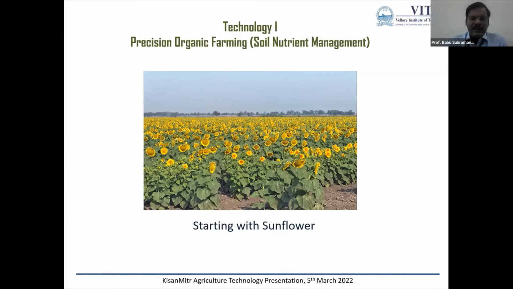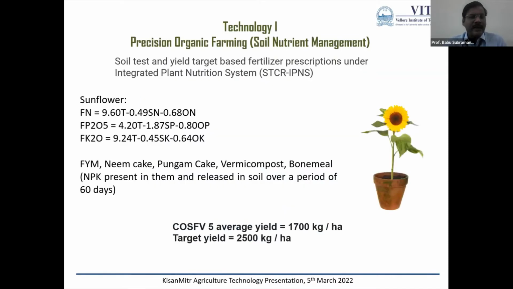Based on this, we used those data and developed a formula that helps determine how much organic manure is to be applied to get the required NPK for the sunflower crop.